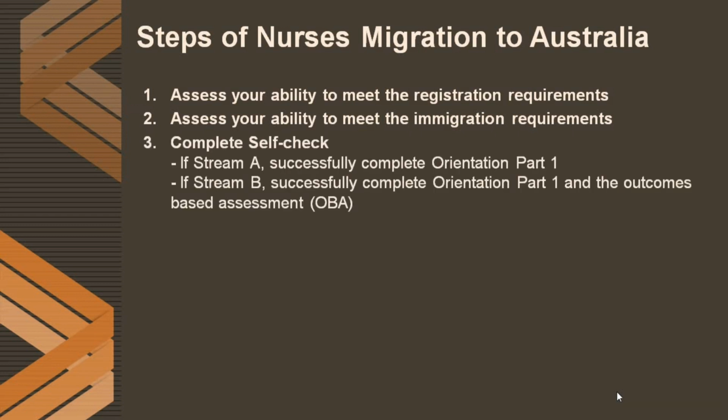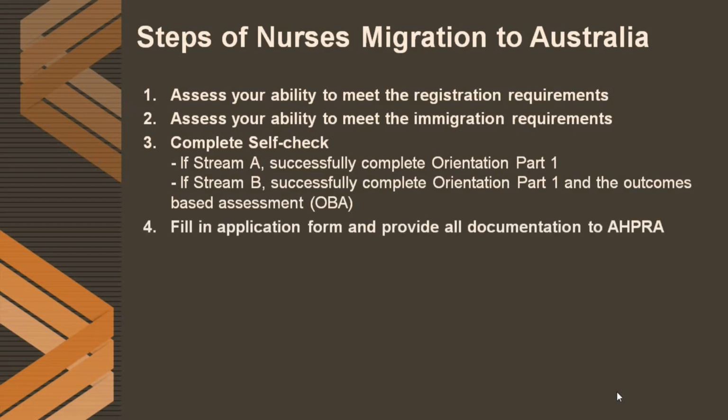The third one is to do a complete self-check, and if you're in stream A, successfully complete orientation part 1 and get qualified for the application for registered nurse. Or if you are in stream B, you have to successfully complete orientation part 1 and take the outcome based assessment, OBA.